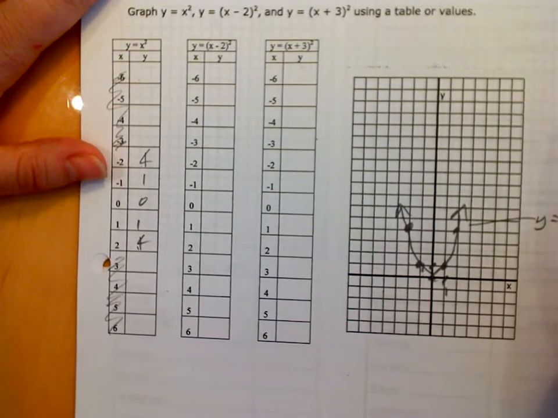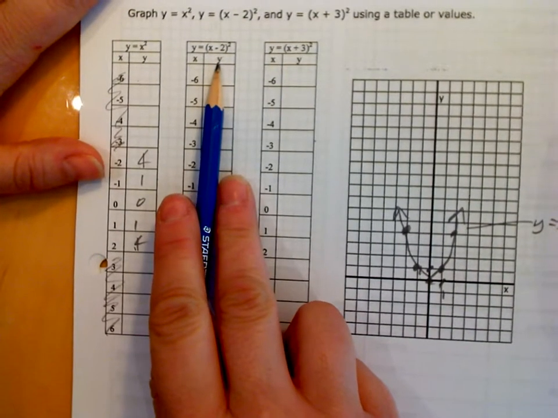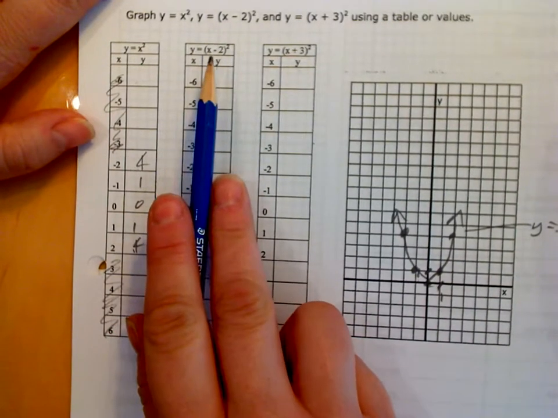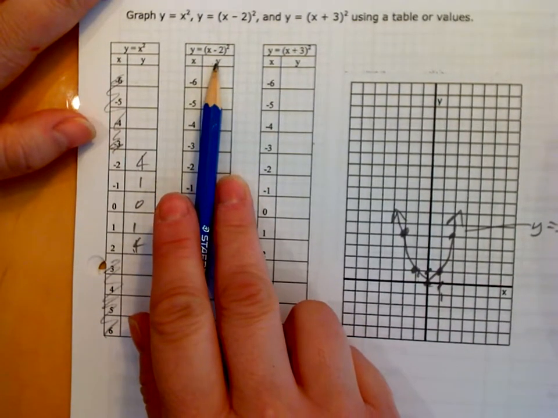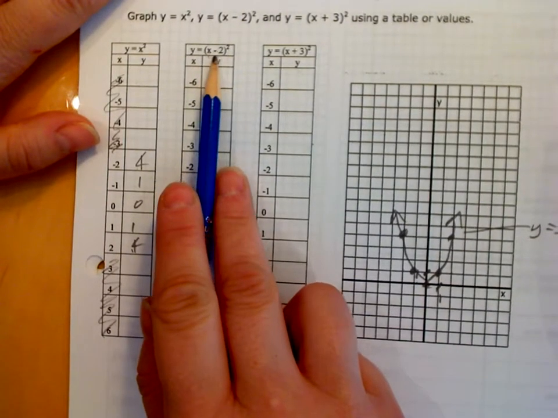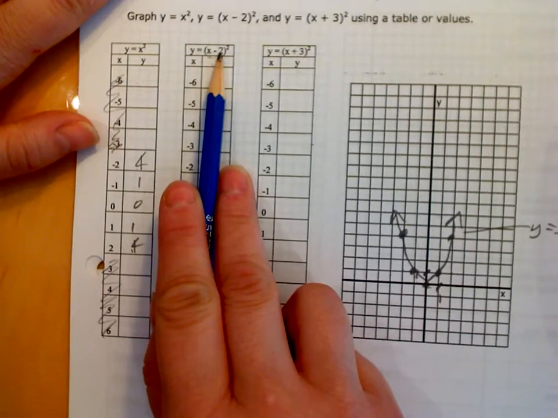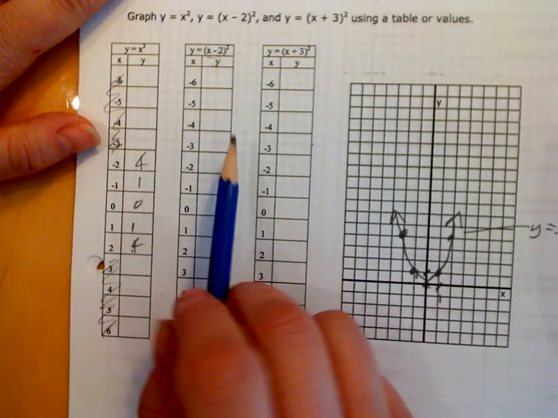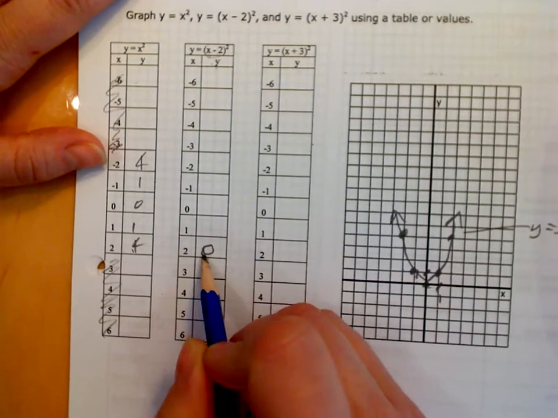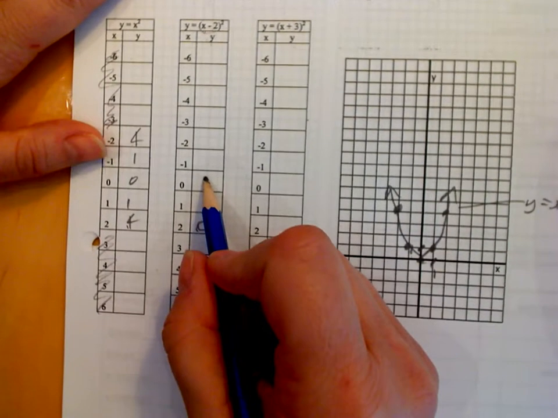Now, when we make this table of values, I want to start with where y equals 0. So let's think, what do I need to plug in for x to make this 0? 2, of course. 2 minus 2 is 0, and then 0 squared is 0. So when x is 2, y is 0. From there, I'm going to do 2 this way and 2 this way, and the rest we really don't need.